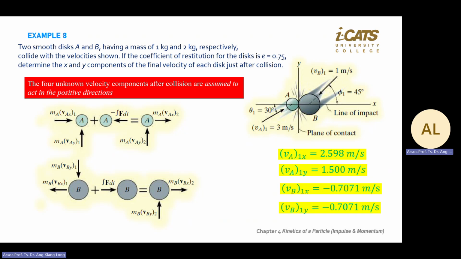Your diagram for this one, you can draw like this and like this. And this one, you can draw this one and go down. After your analysis, you get positive values for VAX2, VAY2. You get positive, which means what you drew in the red arrow is correct.